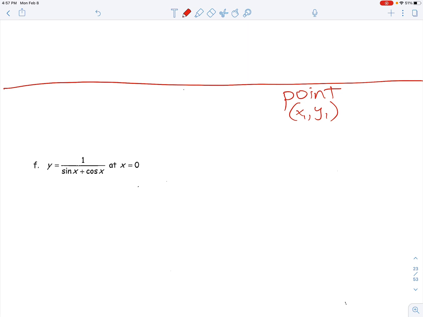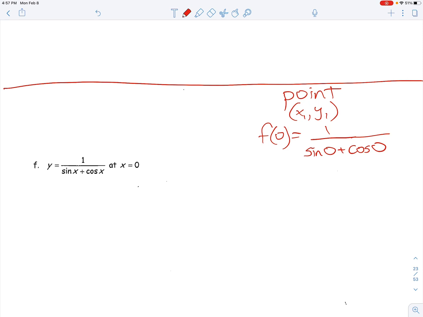Here it's at x equals 0, so let me do the point first. It really doesn't matter. To get the point, that's your x1, y1, if we're doing the point slope form of a line. I'm going to plug in 0 here into the function.